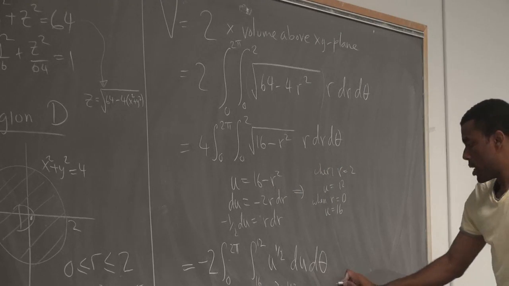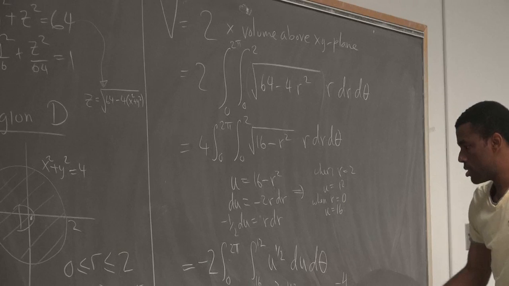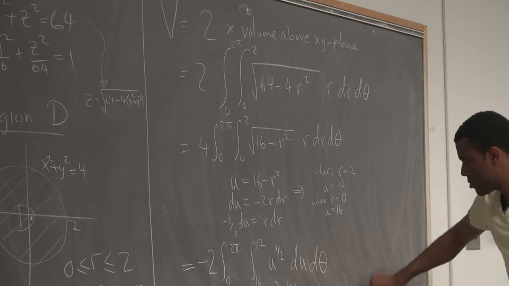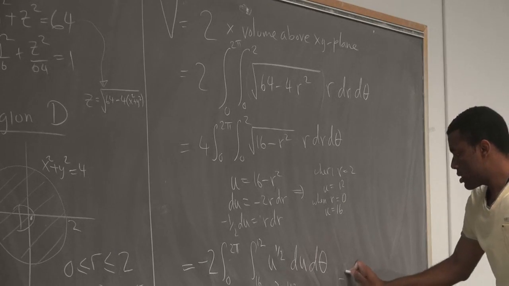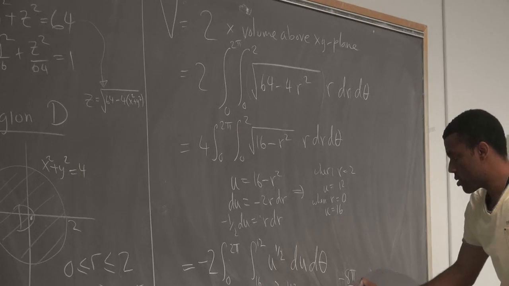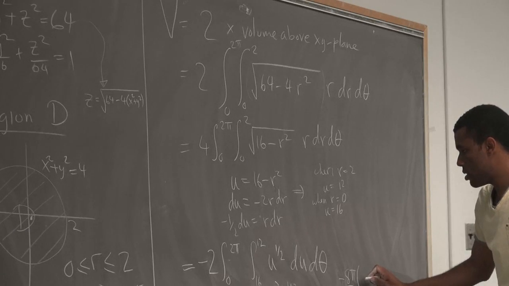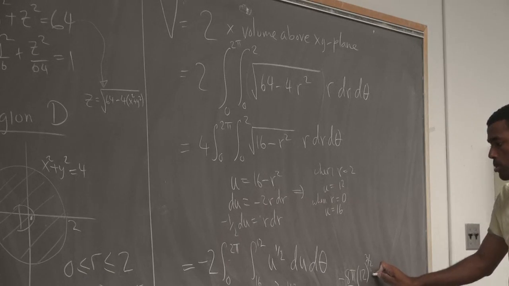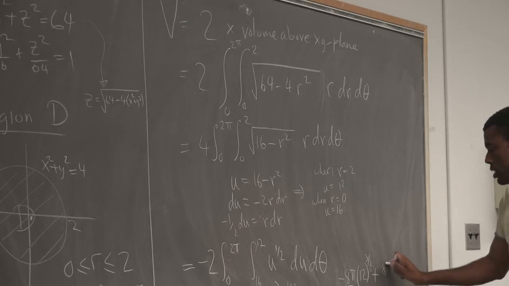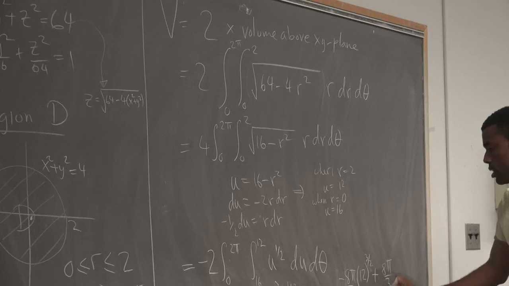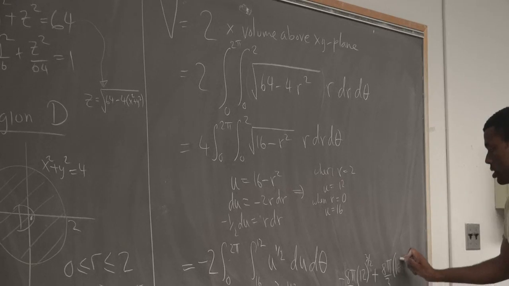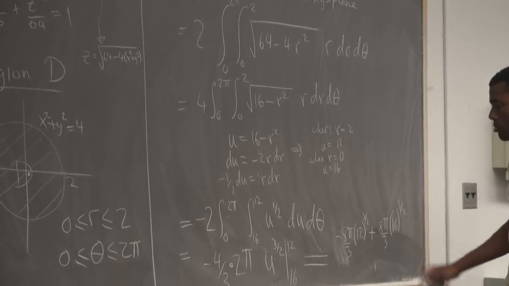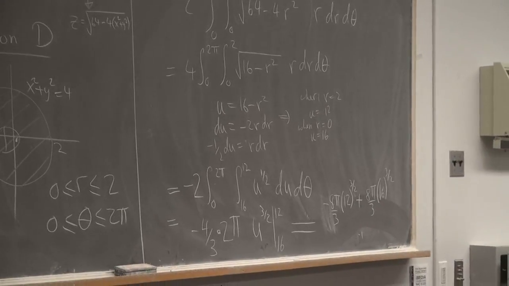So then it's minus 8 pi over 3 times 12 to the 3 over 2 plus 8 pi over 3 times 16 to the 3 over 2.